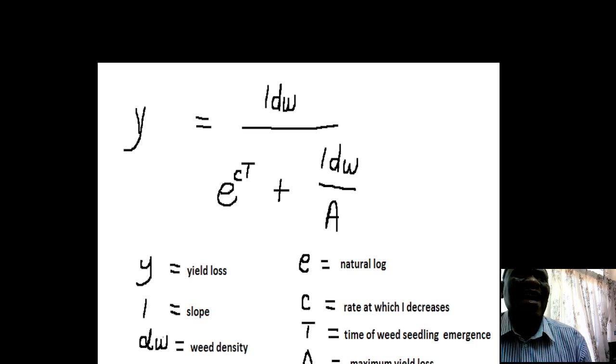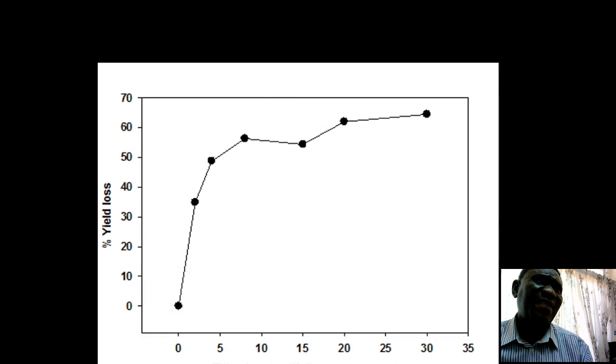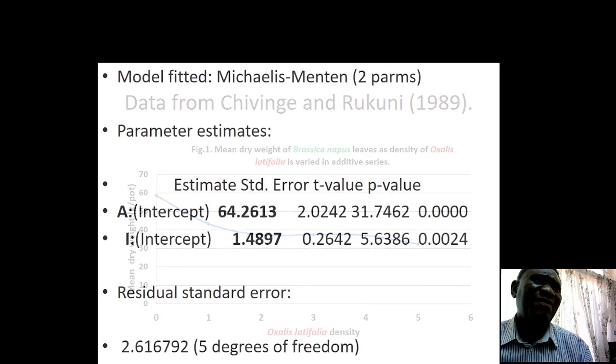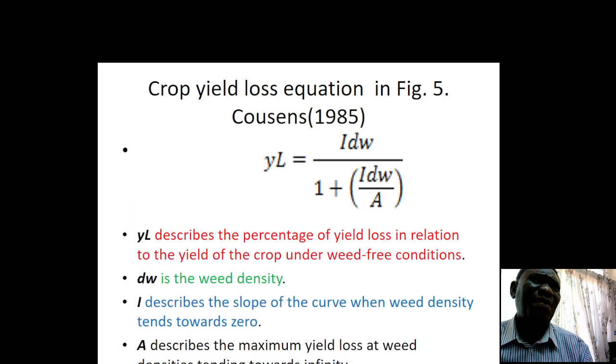Now, when Cousins proposed the first equation, he said YL, yield loss, is equal to I, the slope, times weed density, over 1 plus, in brackets, I times density divided by A, which is maximum yield loss.